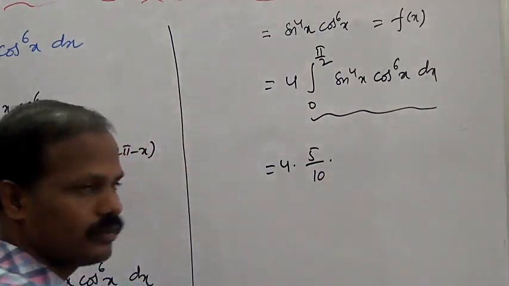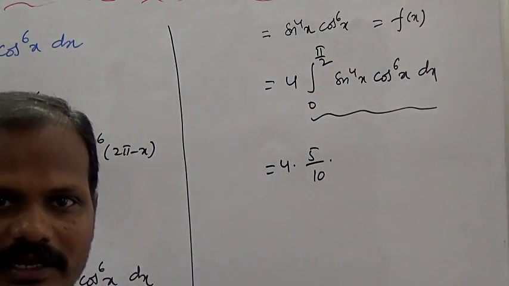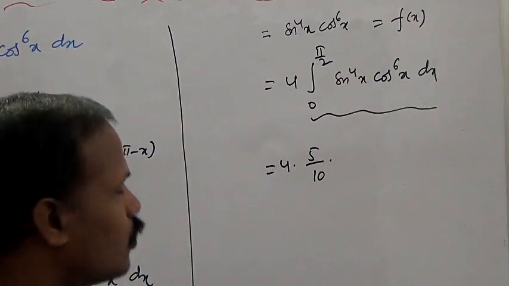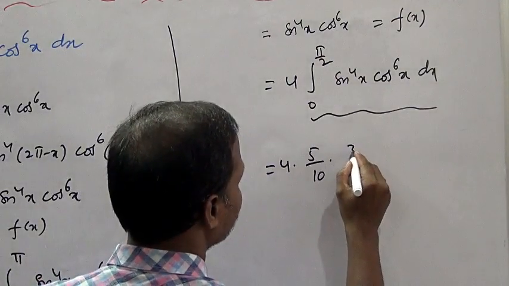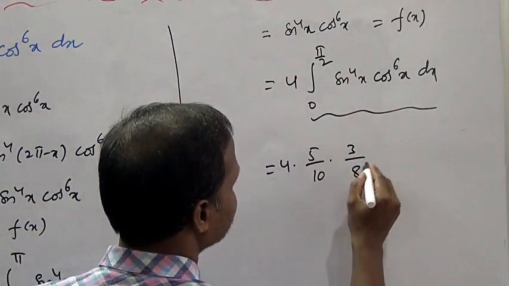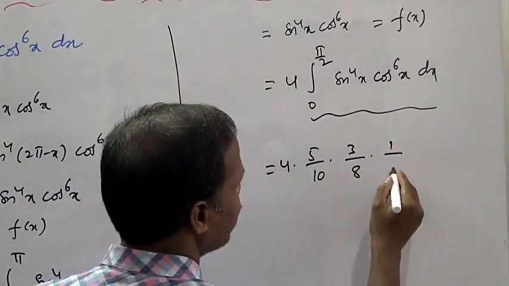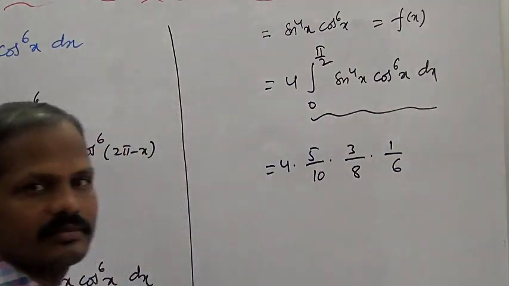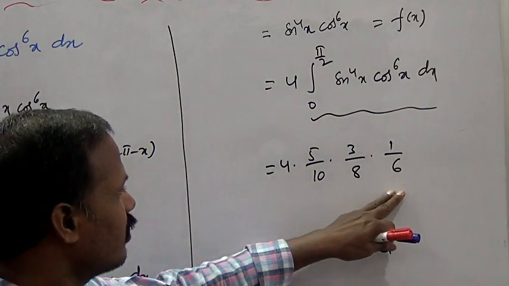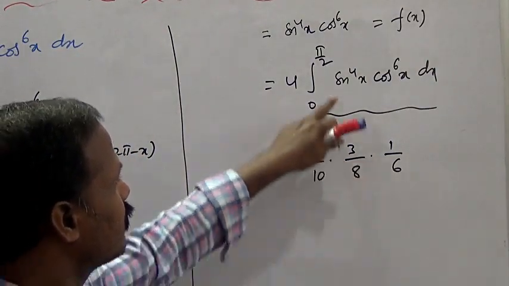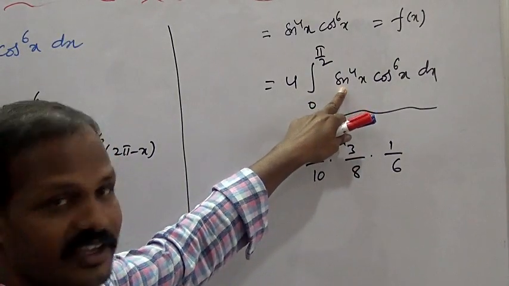What you have to do is subtract 2 from numerator and denominator. So 5 minus 2 is 3, 10 minus 2 is 8; next 3 minus 2 is 1, 8 minus 2 is 6. Once this is over, you have to start the reduction for m, because both m and n are even.